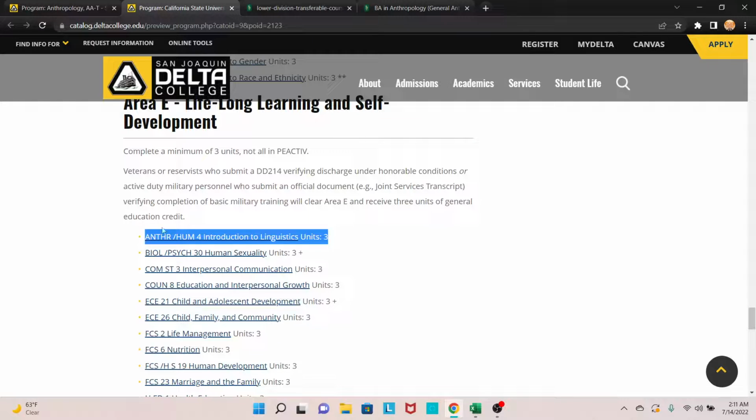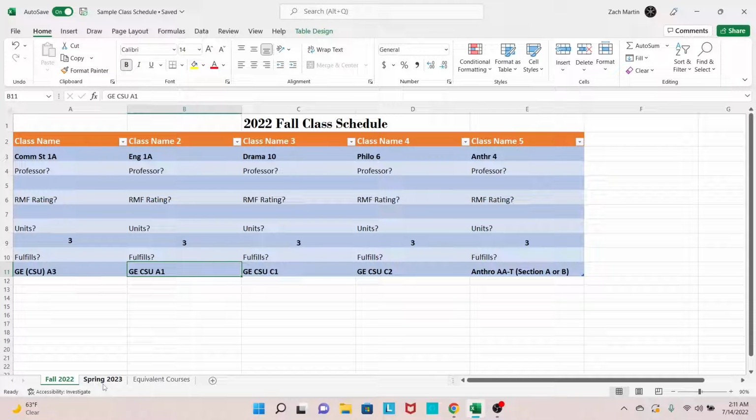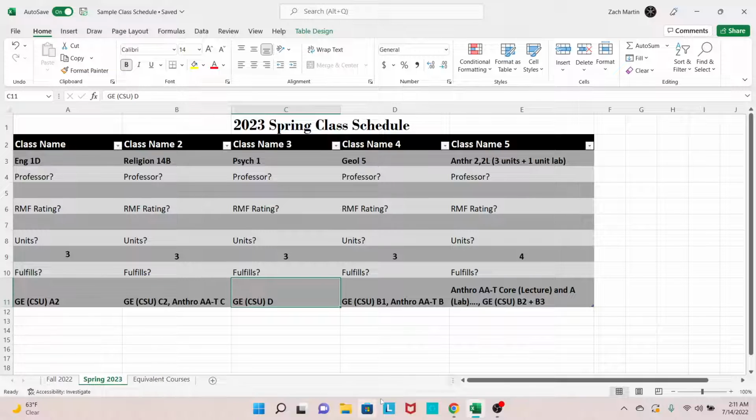This looks like it would double count, but I do not think you can double count a general ed pattern twice. Meaning that if I take Anthro 4, it would not count towards area, let's look exactly. It would not count towards area, I did not write it down. Oops.